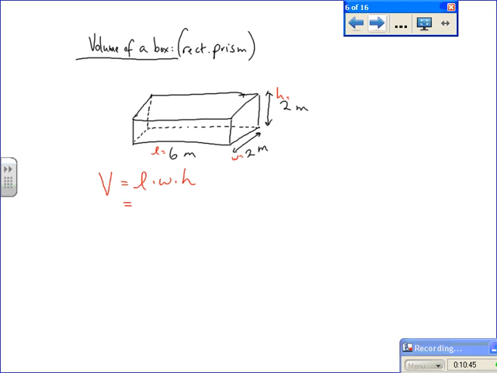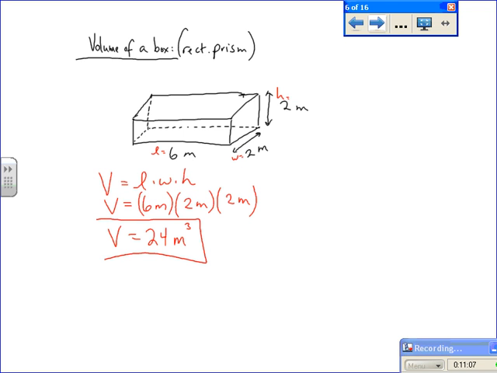So I put those numbers in: 6 meters times 2 meters times 2 meters. And my answer is going to be volume equals 6 times 2 is 12, 12 times 2 is 24 meters, and 1, 2, 3, I have a cubed on the meters, because I've multiplied meters by itself 3 times.